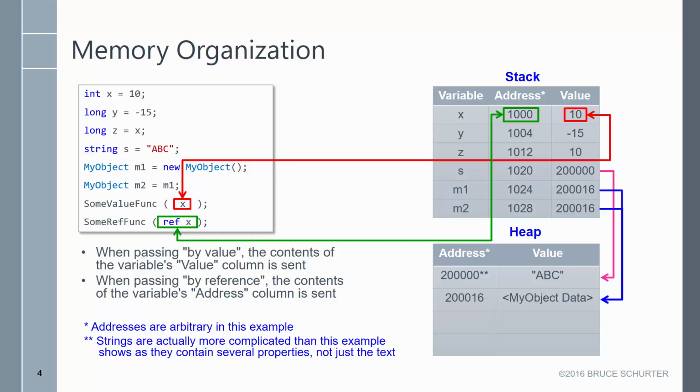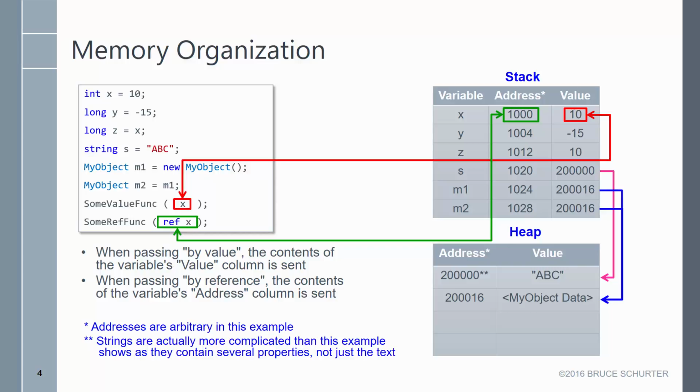If we pass a value by ref, the next function we're passing the x by ref, notice we pass the address of the value. What actually happens on the side of the function that is being called, all of the parameters in the parameter list are created again in a local stack for that particular function. So in this case, some value func has a value of x being passed to it, so we'll assume it is an int parameter.